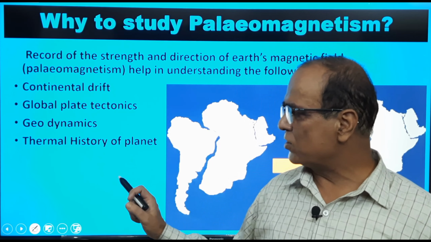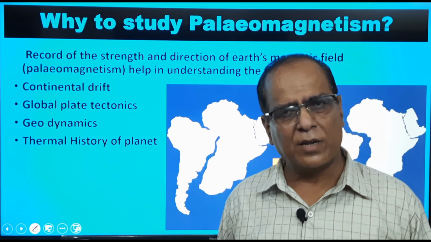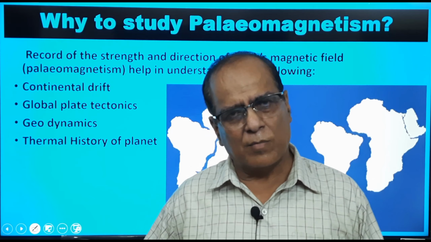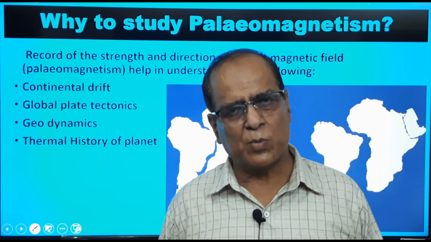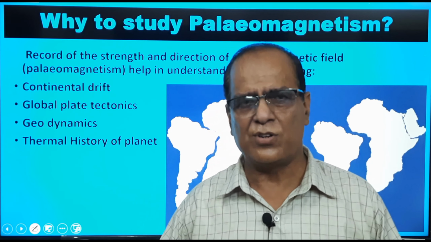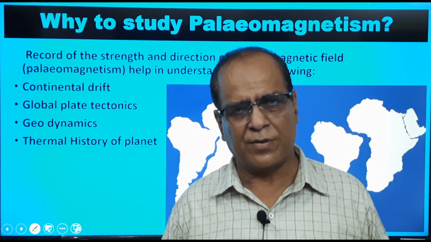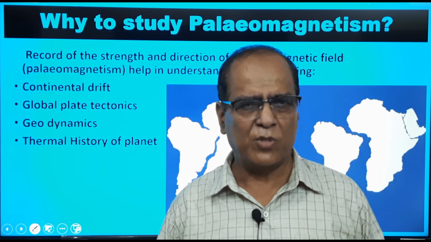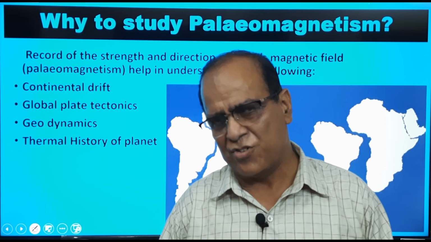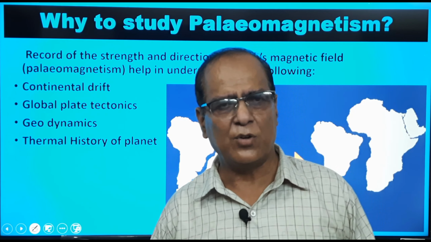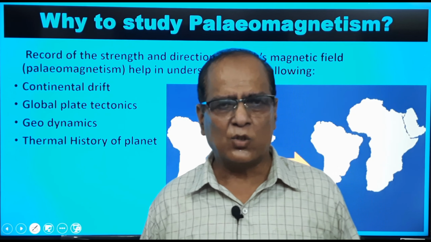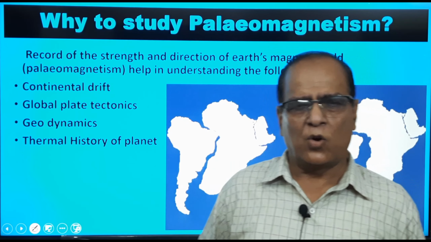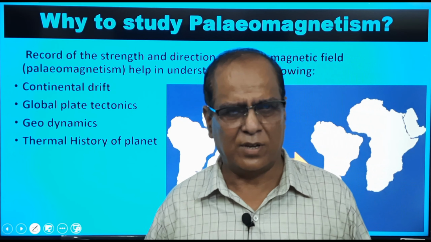One last thing, that is the thermal history of the planet. Suppose many of the continents were together at one point in time, and from there they have drifted apart, they have moved in all different directions. So now we are finding continents apart, far away.